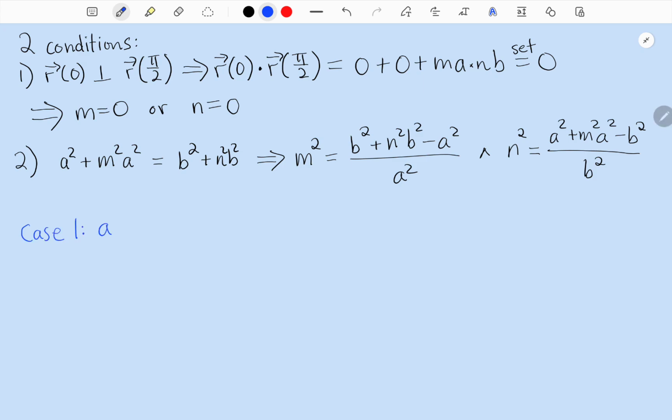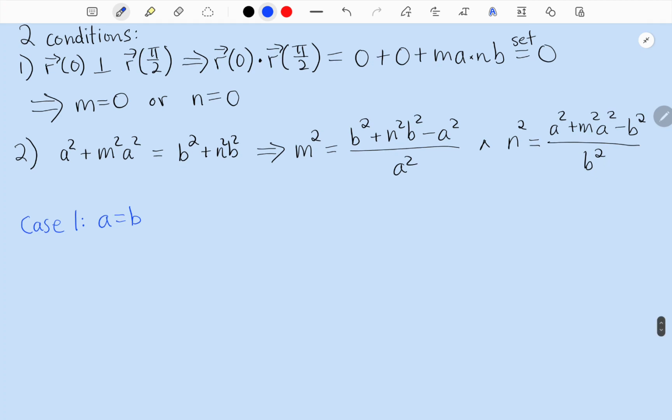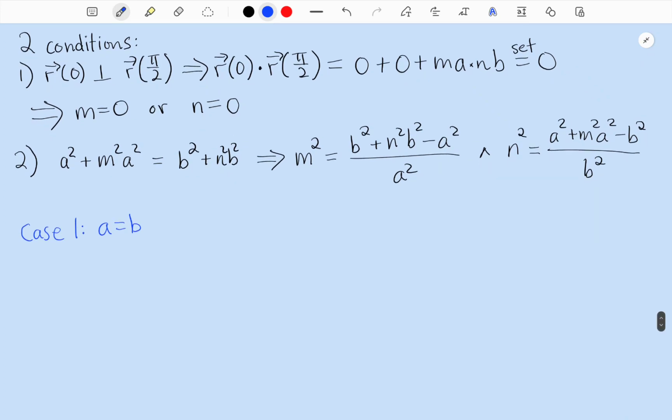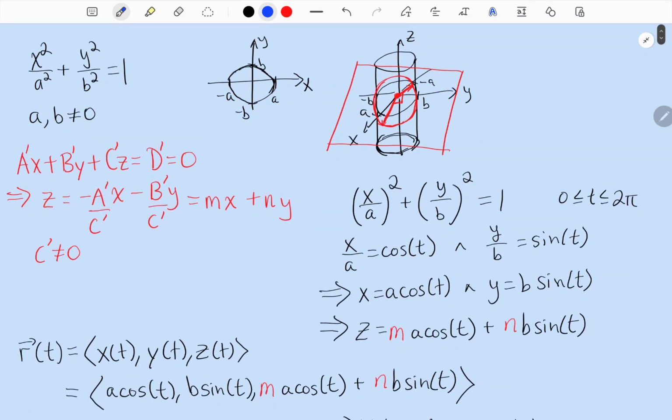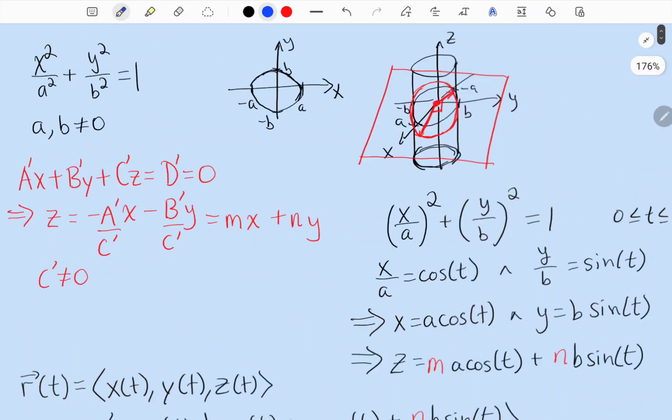What if A was equal to B? You probably guessed that the other case is A not equal to B. But let's suppose A is equal to B. Actually, instead of saying A is equal to B, I'll say A squared is equal to B squared, because A and B might be negatives of each other.